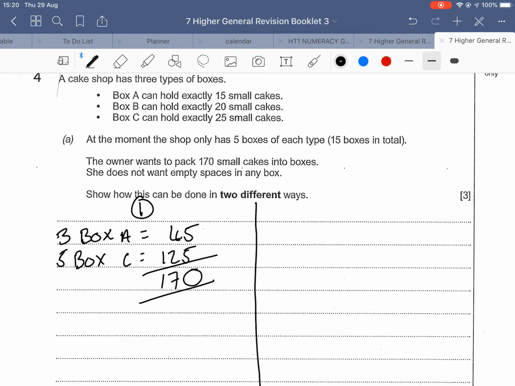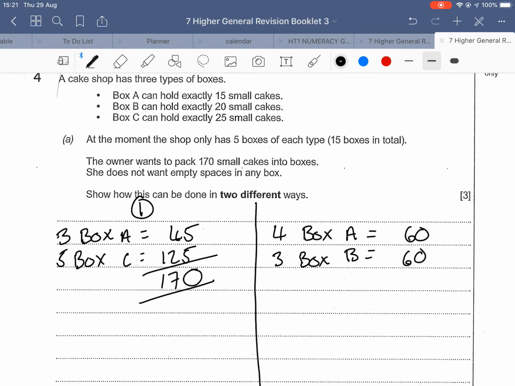Different way. I'm going to use some of box B now, I think. So if I have 60, what do I need then? 110. Okay, so if I do 4 boxes of A, so 4 lots of 15 is 60. 3 boxes of B, so 3 20s is 60 again, so that's 120.